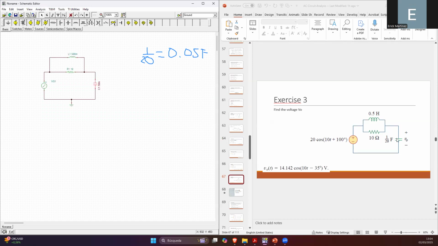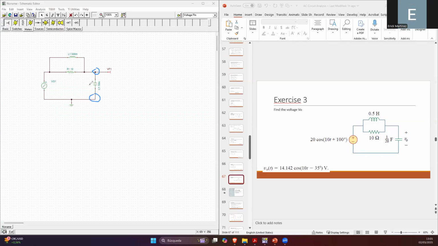According to the problem, they are asking us to find the voltage V sub 0, that is essentially the voltage of the capacitor. In order to measure it, we can go here to meters, and then you select the voltage pin. You can connect it to one of the terminals of the capacitor, and the voltage pin will allow us to measure the voltage between this node and the reference node.